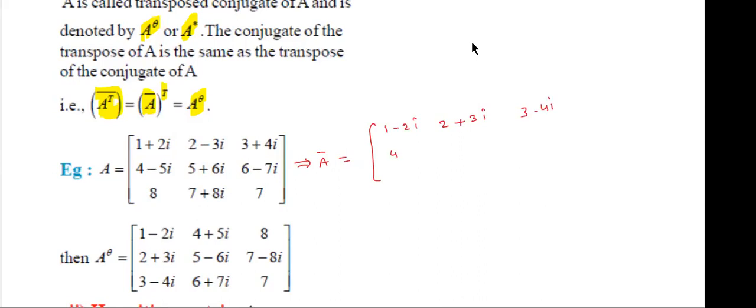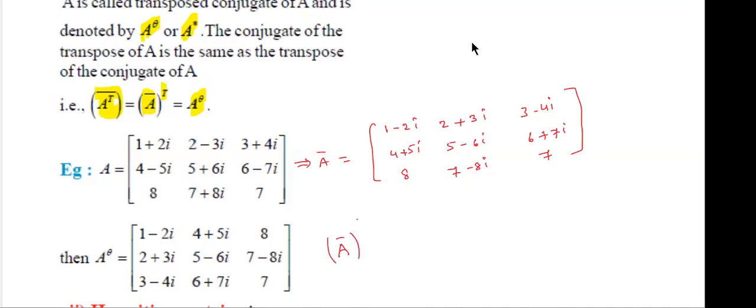Second row, 4 plus 5i, 5 minus 6i, 6 plus 7i, 8, 7 minus 8i, 7. This is the conjugate matrix.